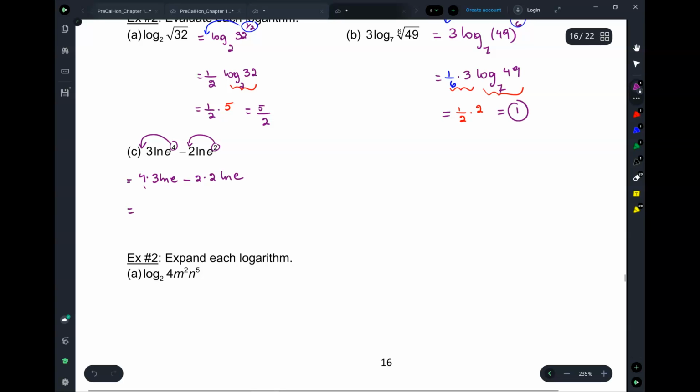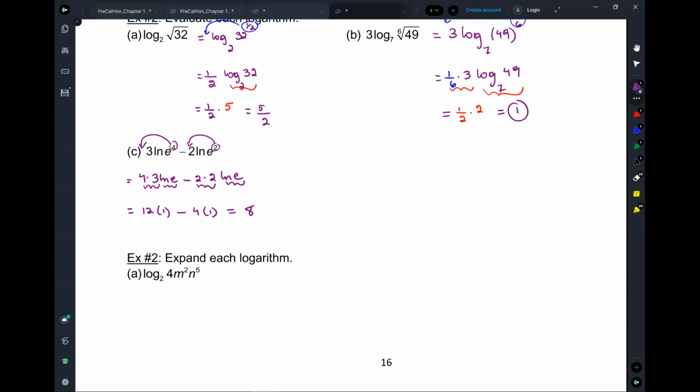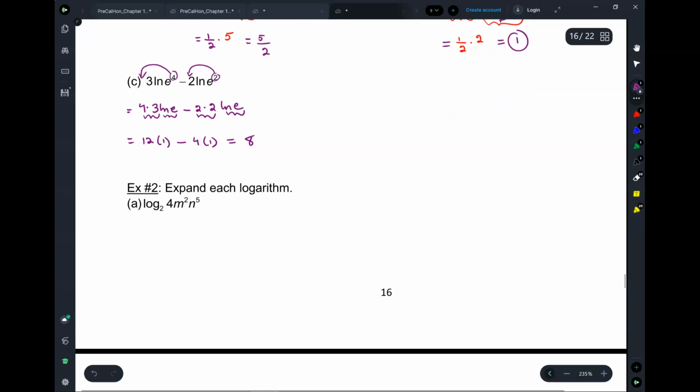Now, 4 times 3, 12. And what's ln of e these days? Just 1, right? Because they go away. It's 1. Minus 2 times 2, 4. ln of e, 1. So that's 8. Okay? All right. So far, so good?